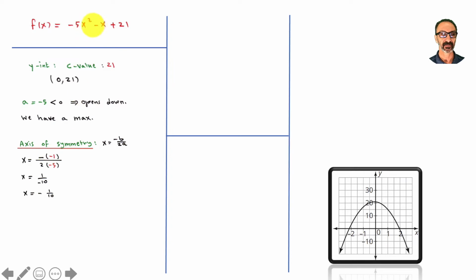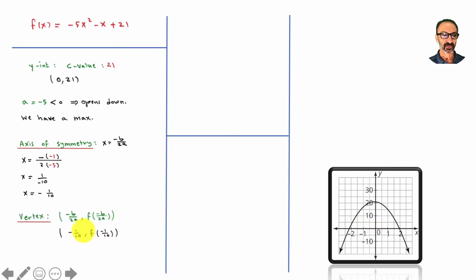Minus b is -1, so it's minus -1, the opposite of -1, over twice a, and a is -5, as mentioned right here. Simplifying this, that's a +1 on top, -10 at the bottom side, which is just -1/10 or -0.1. And it shows, yes, it's about right there. The axis of symmetry, right there.